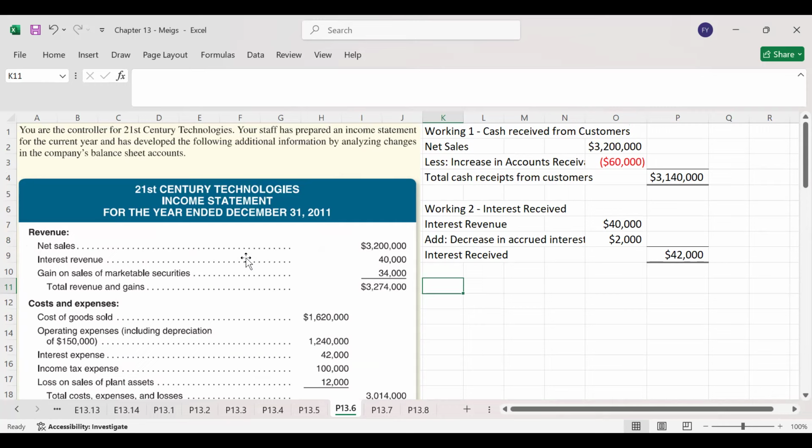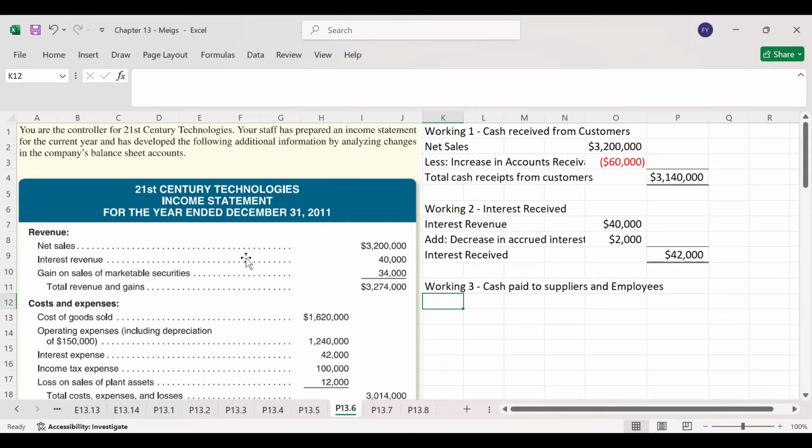So, working three, which is related with the cash paid to suppliers and employees.